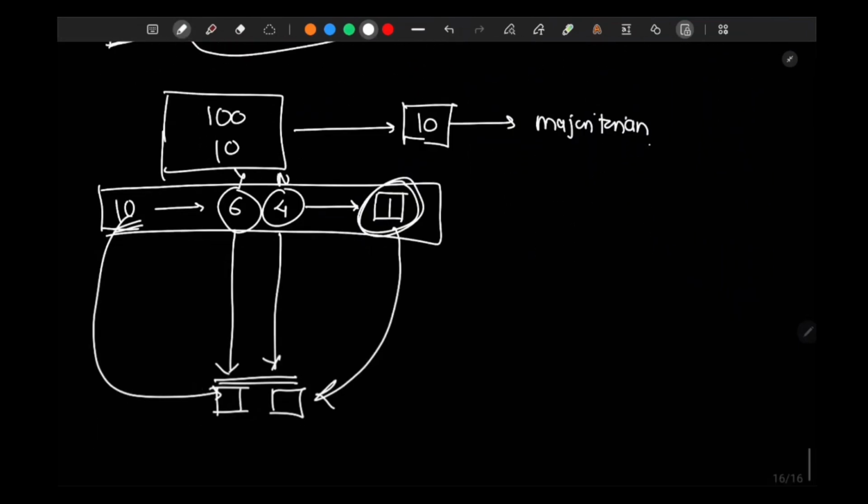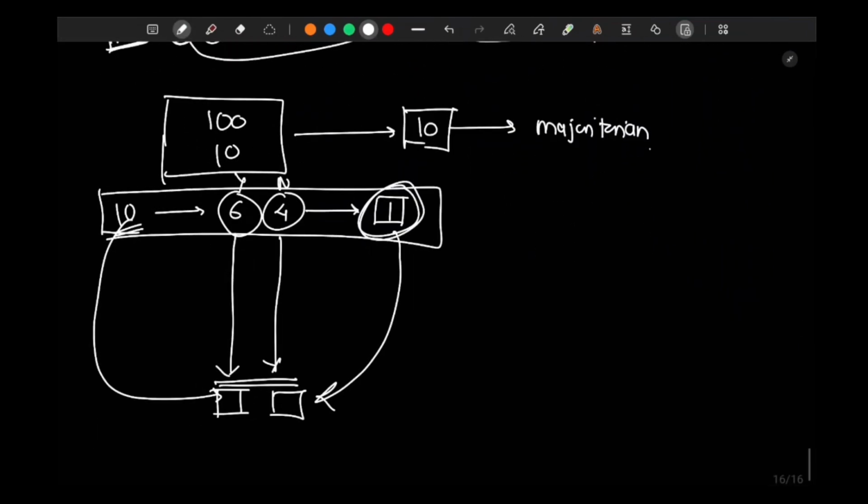In the majoritarian model, people don't have trust per se in this representative. People will put some faith in this representative, that this representative will keep in mind the individual preferences of these 10 people, that 4 are saying yes, 4 are saying no, 6 are saying yes.